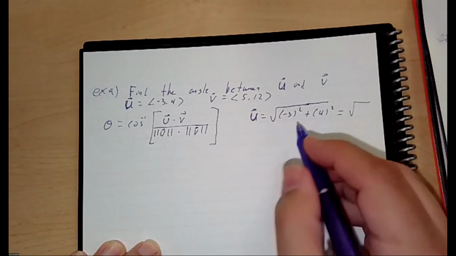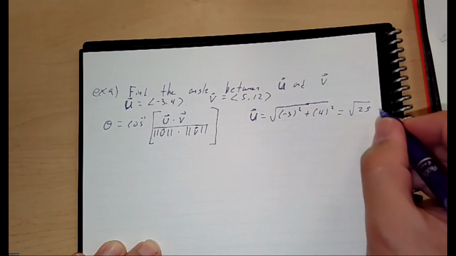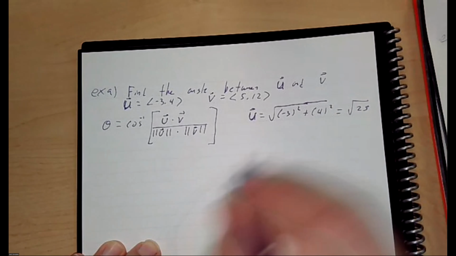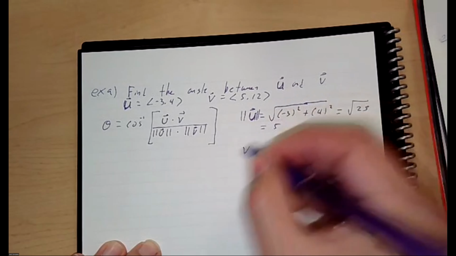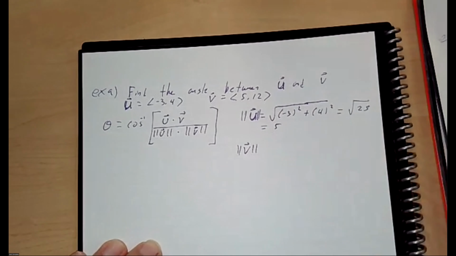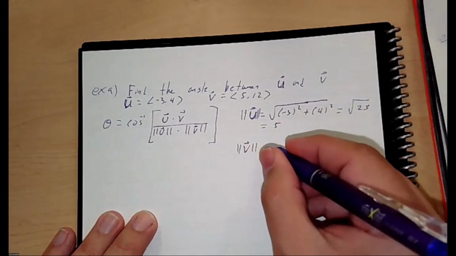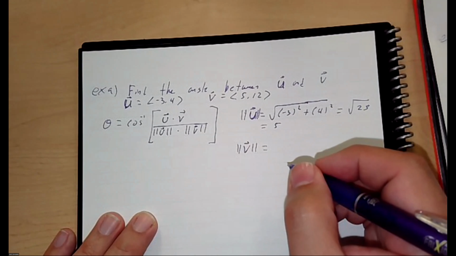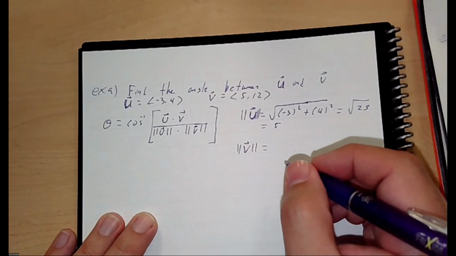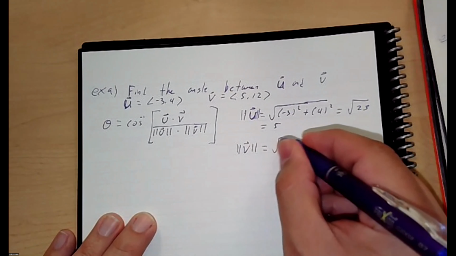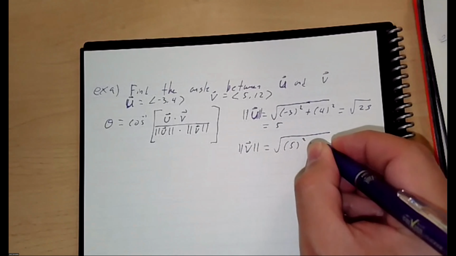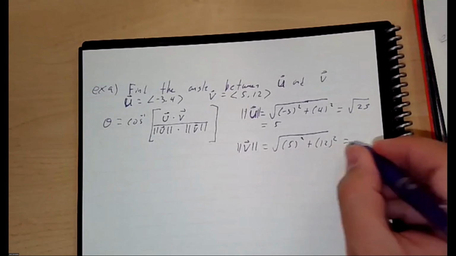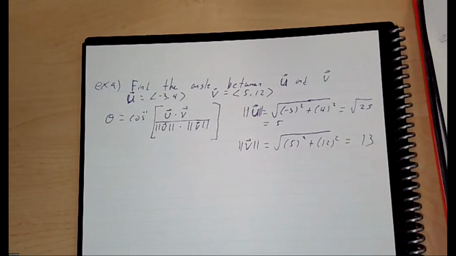So that will be 9 plus 16, that's 25, so the magnitude is 5. The magnitude of v will be the square root of 5 squared plus 12 squared, which is 13. We did that earlier.